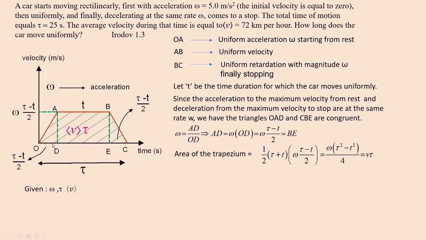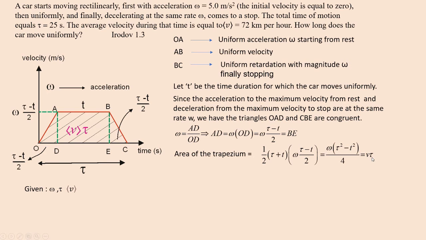This is T, this is tau, you can see here. So the sum of the parallel sides into the perpendicular distance between them, that is AD, which is omega into tau minus T by 2. Here you have tau plus T into tau minus T, tau squared minus T squared, over 2 into 2, 4. That is equal to the total displacement.